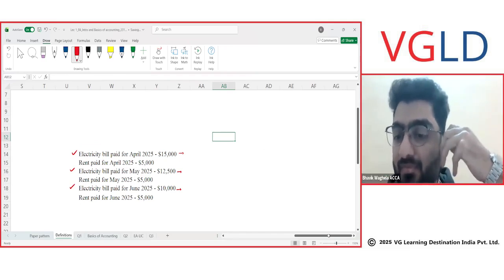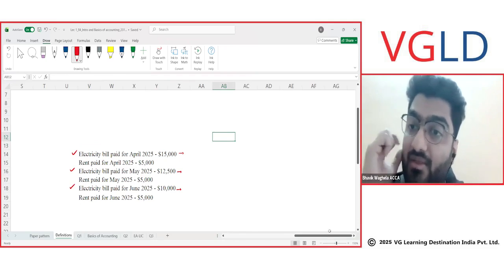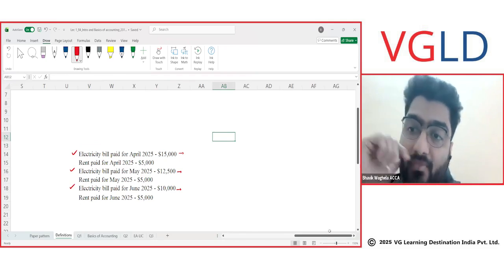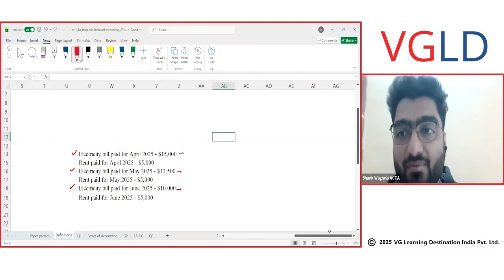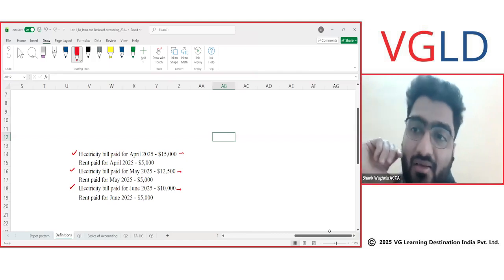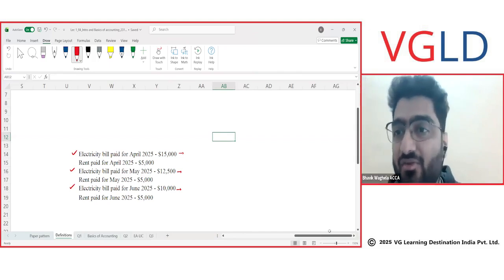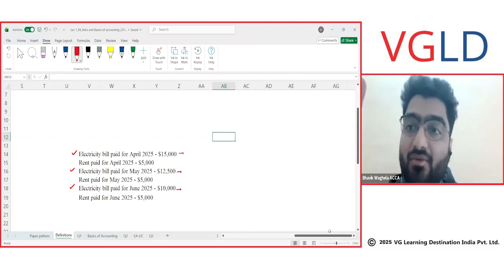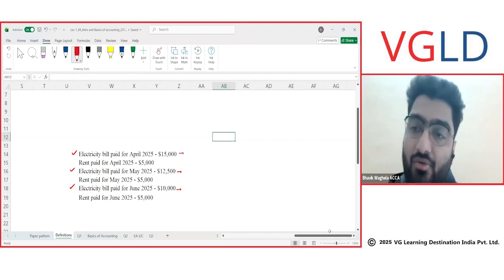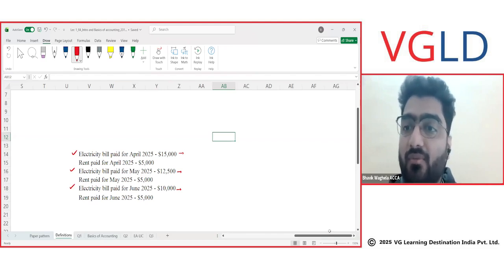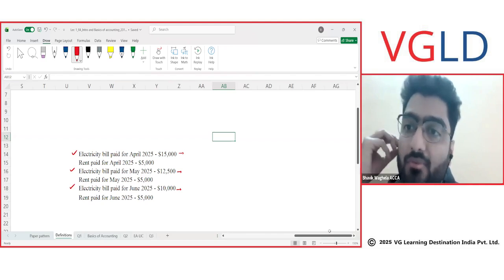Now, similarly, the same thing we have for accounts also. We have different wardrobes for different types of transaction, and these wardrobes are nothing but an account. It is a place where we summarize all the transactions pertaining to a different head of income or expenditure, or asset or liability or capital amount.